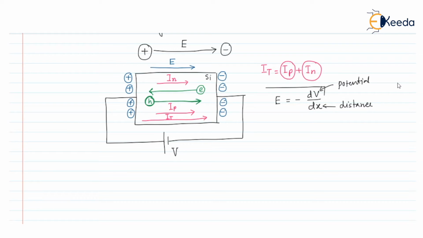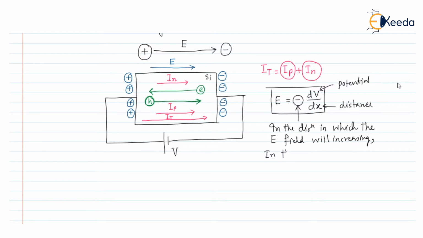This is a very important equation relating the electric field with the applied potential, and this minus sign signifies that in the direction in which the electric field increases, the potential V decreases.